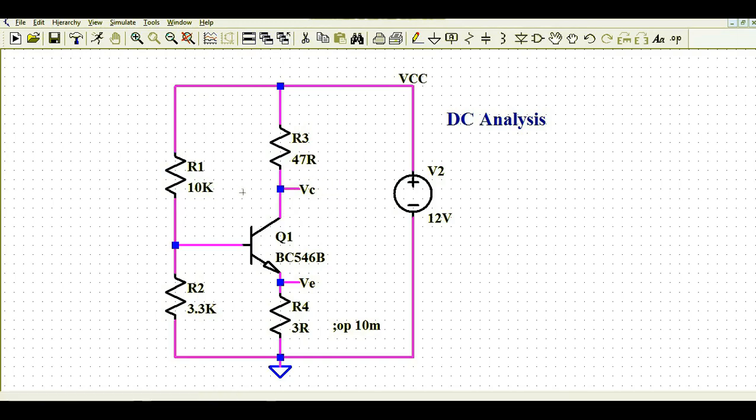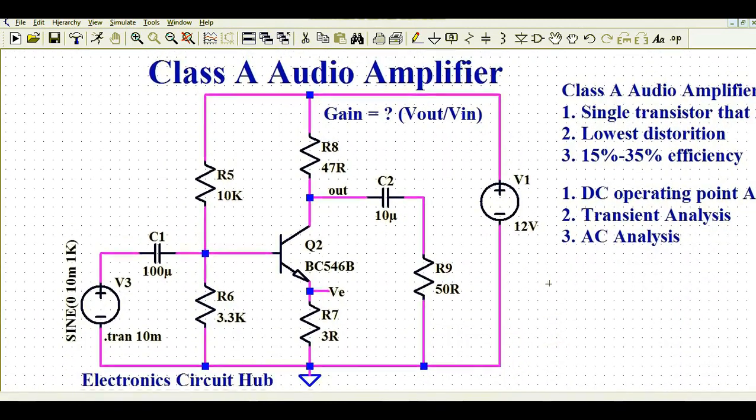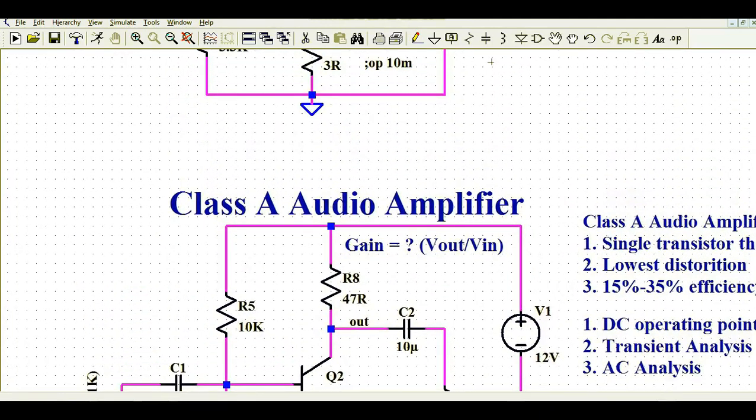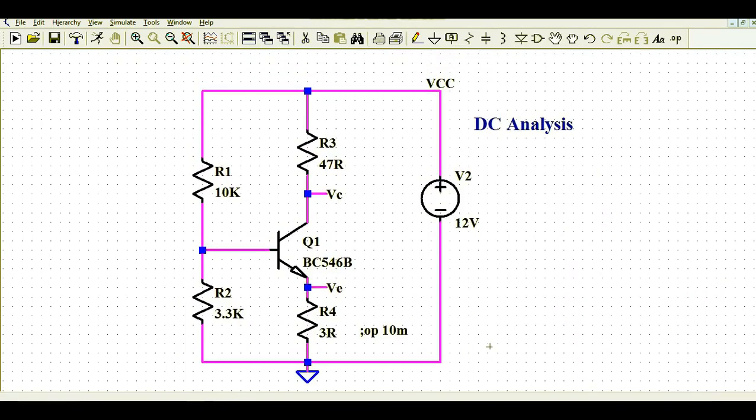In the DC analysis, as you see the lower circuit here, I have connected the coupling capacitor here, but for the DC analysis you have to open the coupling capacitor. So you cannot see any capacitor connected on this circuit.